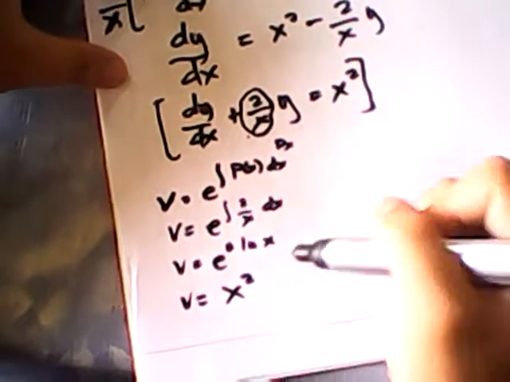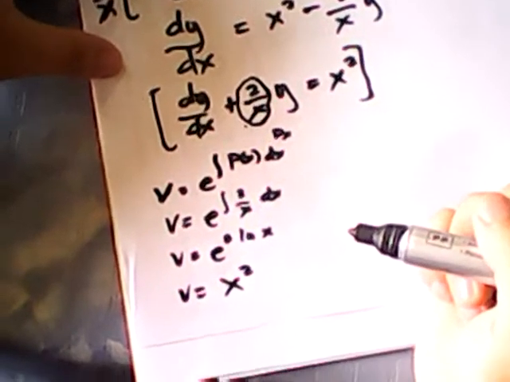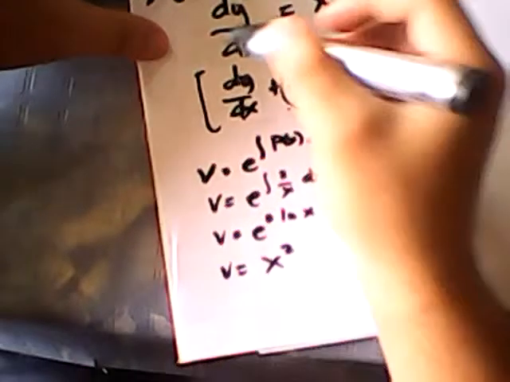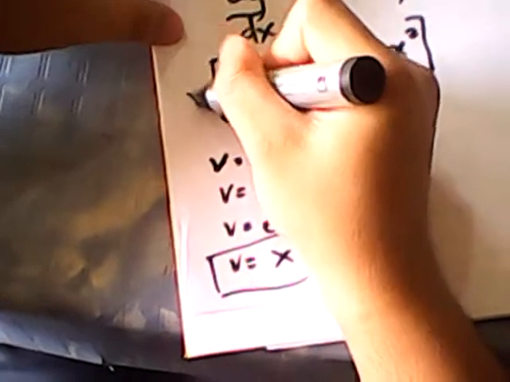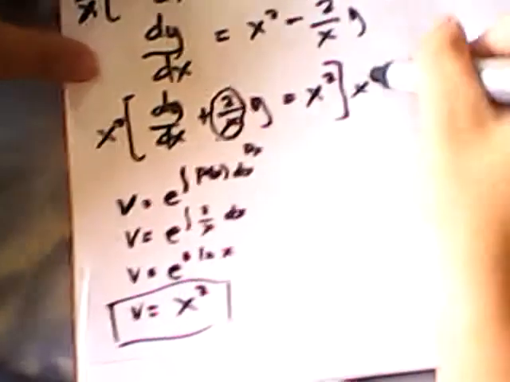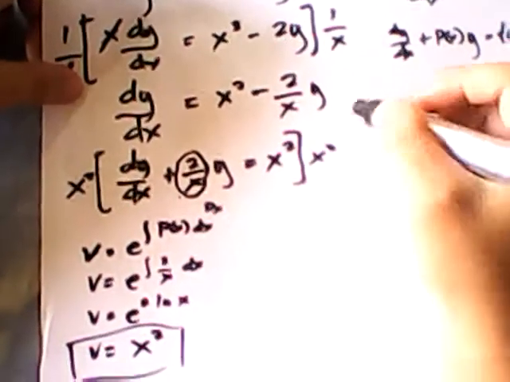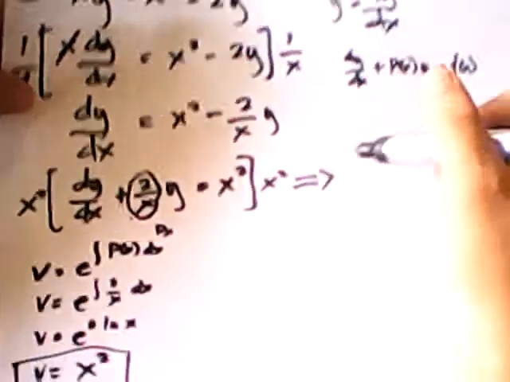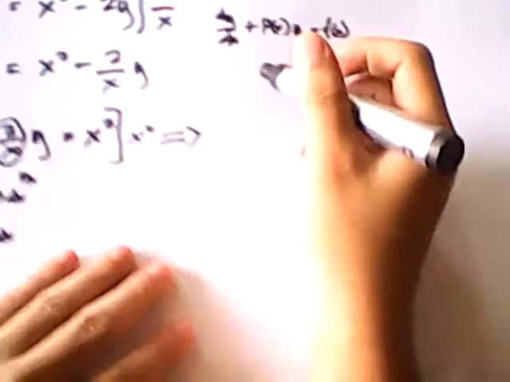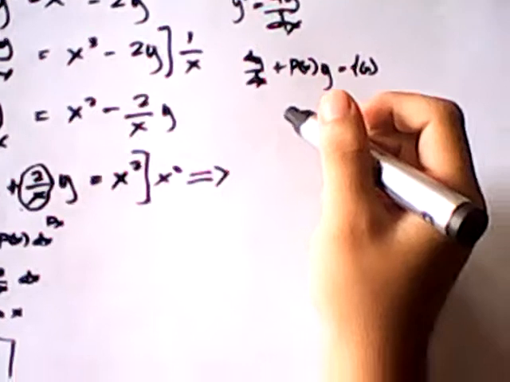So we have to multiply both sides by x squared, the integrating factor. Now the equation will change.